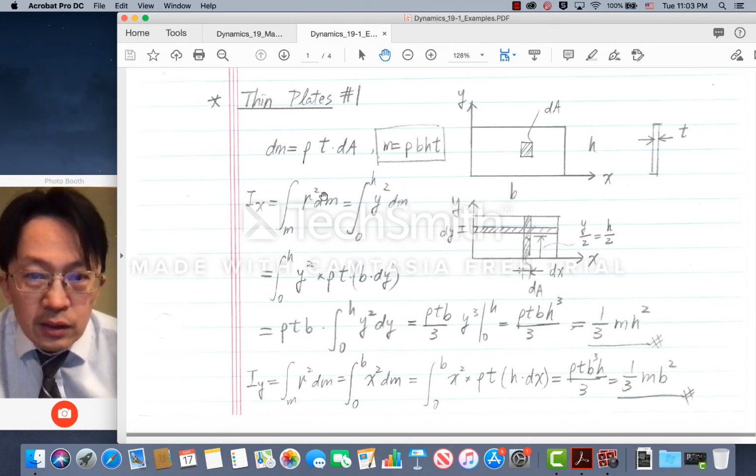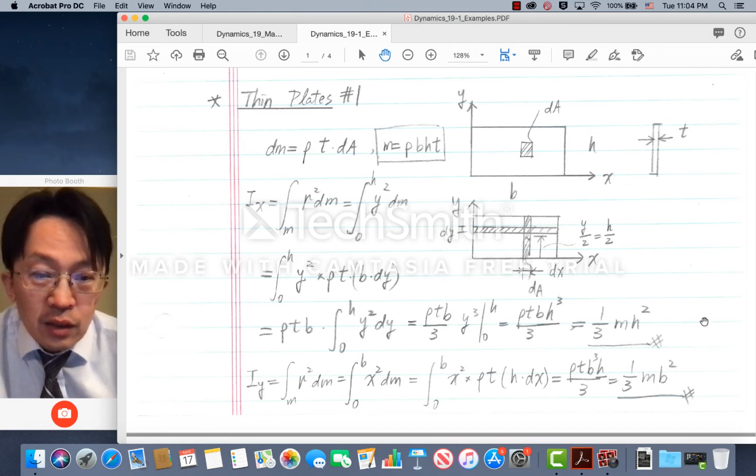In this case, this Ix is 1/3 of m times h squared. We know that this is not Ig, this is Ix. So you can relate this Ix to the Ixg plus md squared. In this case, what is the value of d? That is the distance from the center of gravity to the x-axis, which is from this point to x, and that distance is simply h over 2.